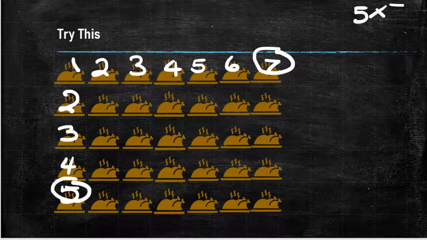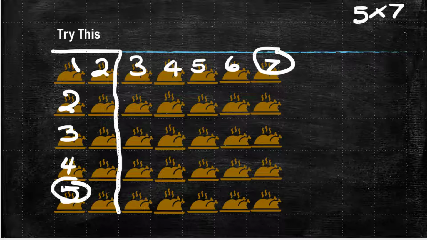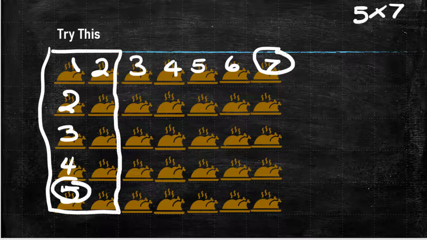But I'm going to use the break-apart strategy, or the distributive property, to show my understanding. So I'm going to break it apart into an easier number that I can work with. Let's say I break it apart this way. And your lines don't have to be perfectly straight. It's perfectly fine. But most importantly, let's focus on the array on this side.